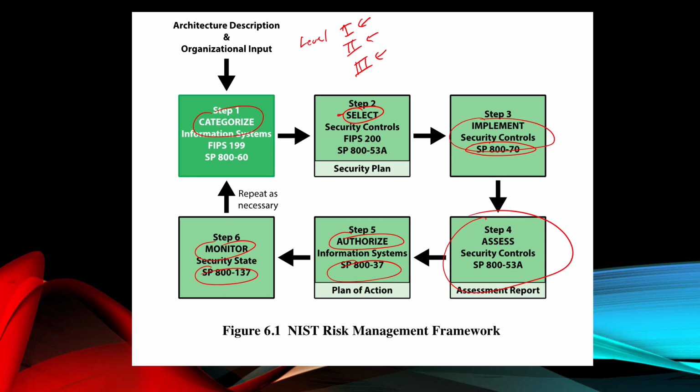And again, this includes assessing control effectiveness, documenting changes to the systems or the environment, conducting impact analysis of the associated changes, reporting security state to the appropriate designated official, and then repeating as necessary. So again, this is a circle, this is a flow, and as you finish each one, you rinse and repeat.